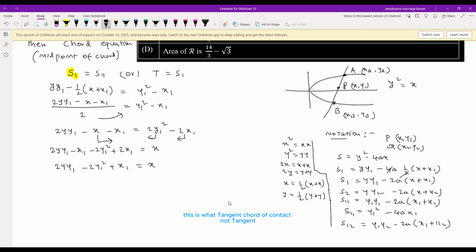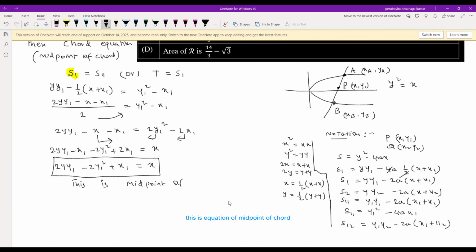Okay, this is the equation of the chord of contact, not tangent, this is the equation of the midpoint of the chord.